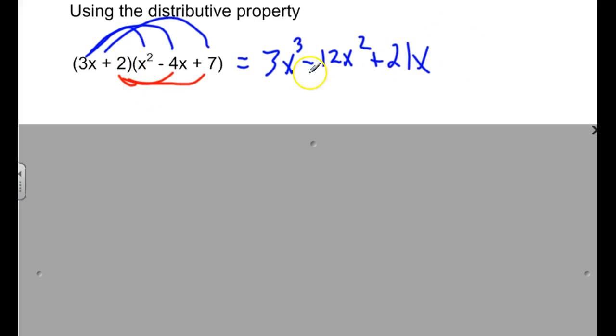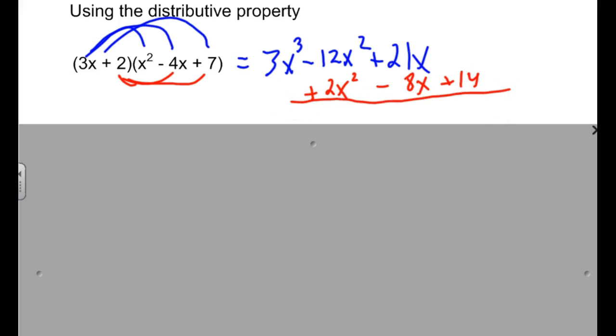Put that over here. Some students do this, plus 2x squared minus 8x plus 14. It's just easier if you do it this way.